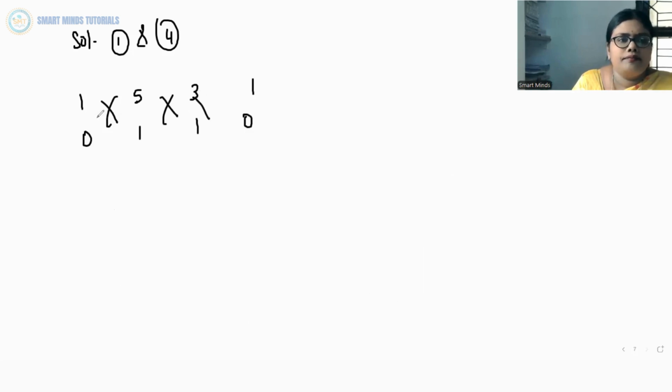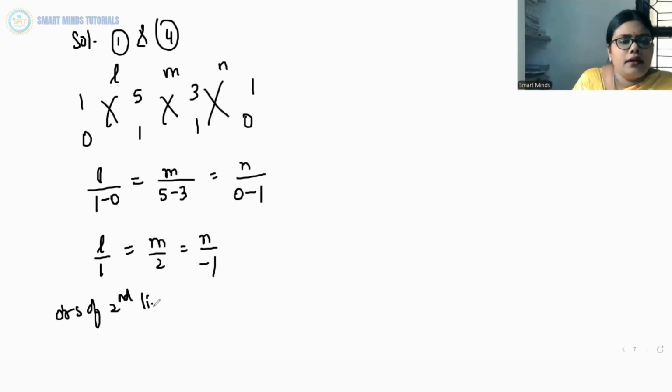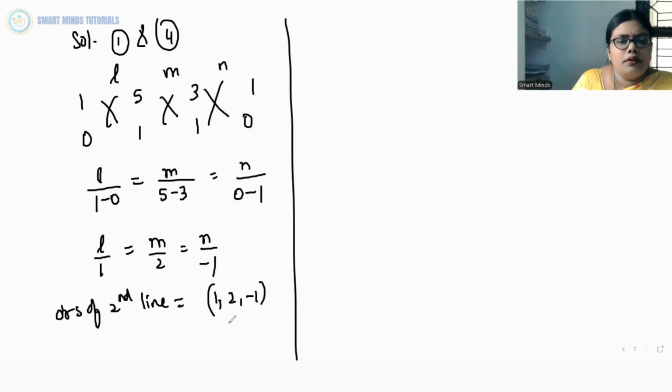Here we write L, M, N. Now L by 1 minus 0 is equal to M by 5 minus 3 is equal to N by 0 minus 1. So L by 1 is equal to M by 2 is equal to N by minus 1. So what are the DRs of the second line? The DRs of the second line are 1, 2, minus 1. Now this is A2, B2, C2.